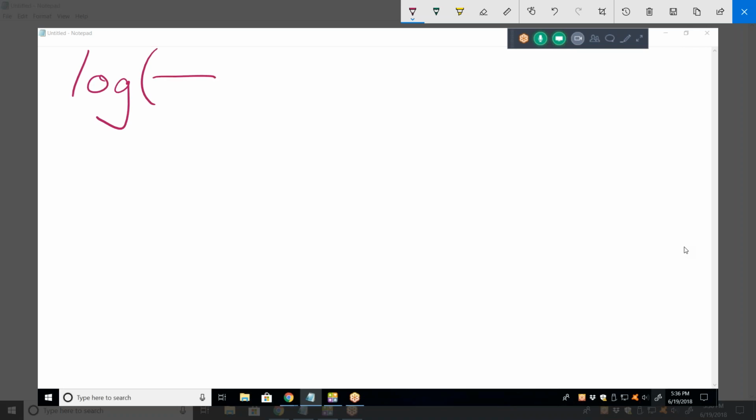What divided by what? 2 times parenthesis x plus 7 parenthesis to the 5th power, over the cube root of x to the 4th. Unclosed parenthesis. It's possible that I've got that 5 in the wrong place. Yeah, that's exactly how it looks.